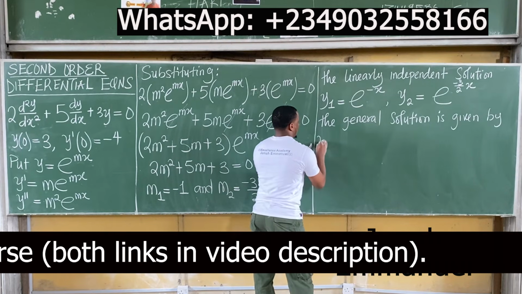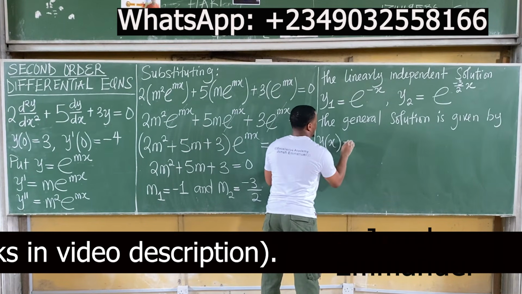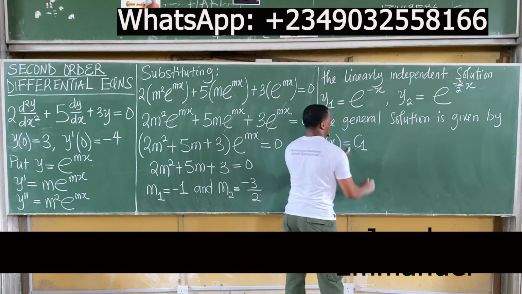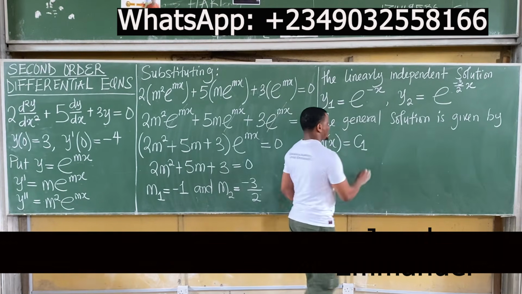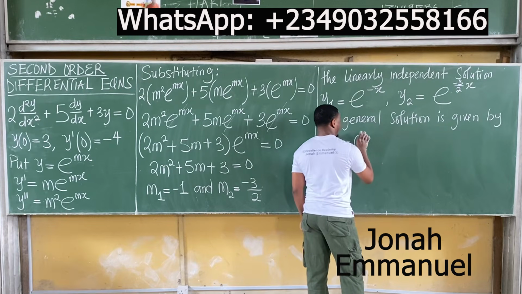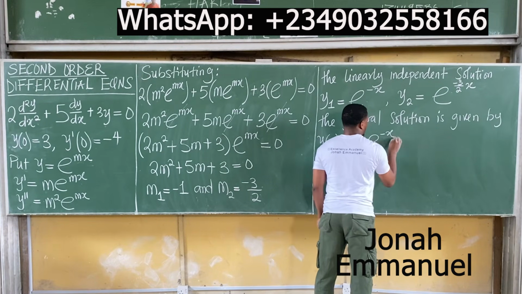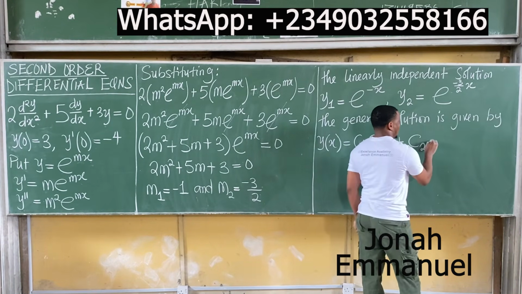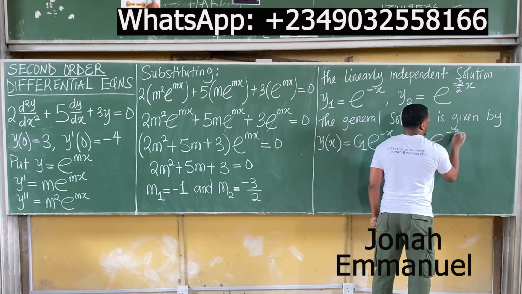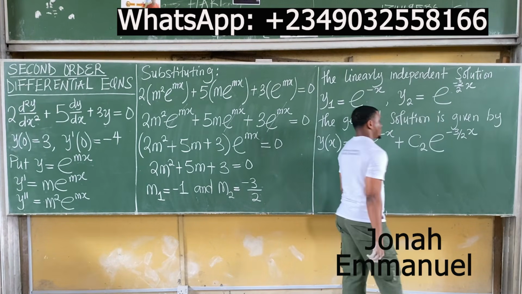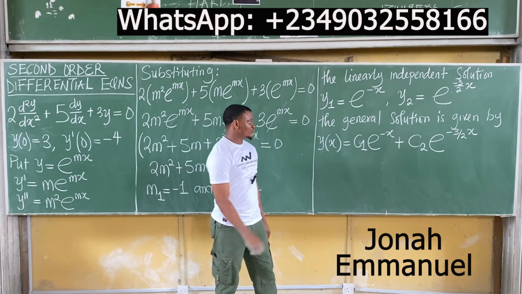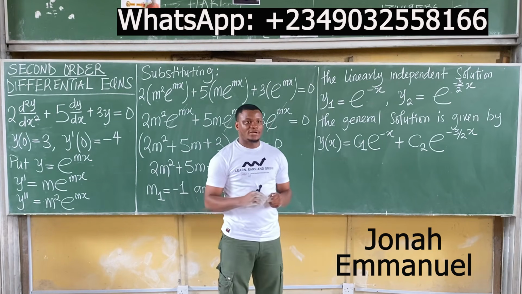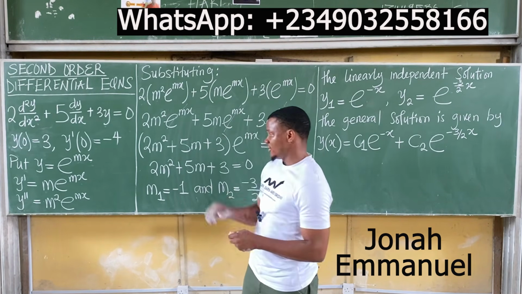We said the general solution y, a function in terms of x, will be equal to C1 multiplying y1, which is C1 exponential minus x, plus C2 multiplying y2, that's exponential minus 3 over 2 x. All right, so this becomes the general solution of the second order differential equation.